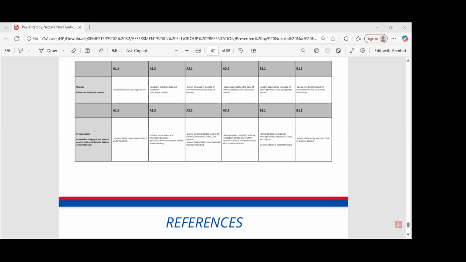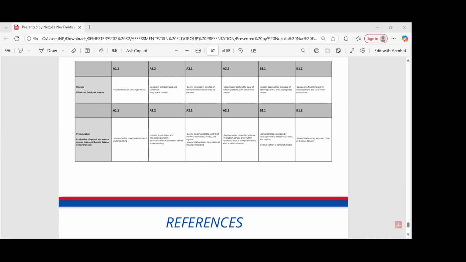We need to assess a student's performance through daily conversations or daily activity in classroom situations. We could assess students' participation, collaboration, and critical thinking.